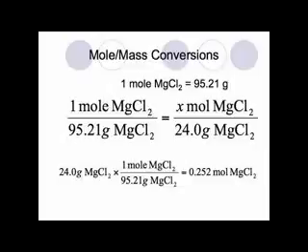Again, this is not a way that I'd recommend you tell your algebra teachers, but it's a simple way for me to get x without going through the process of cross multiplying and dividing. So I isolate x by taking 24 grams of magnesium chloride to the other side where it's multiplied. In algebra they would say you could just multiply both sides by 24 grams of MgCl2 and accomplish the same.